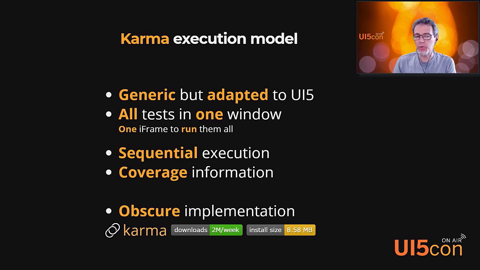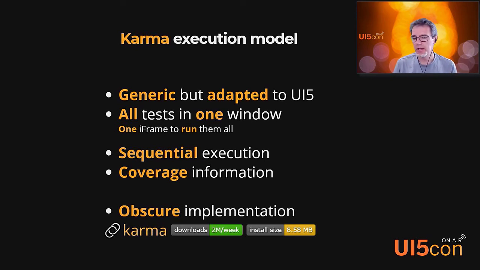Right now, the way it works, all the tests are executed in one window, and it's even worse, one iframe that executes all the test pages, and these pages might also contain iframes. The execution of these tests is sequential, so as a result, you have to wait for all the tests to execute. The coverage information is extracted out of the box.